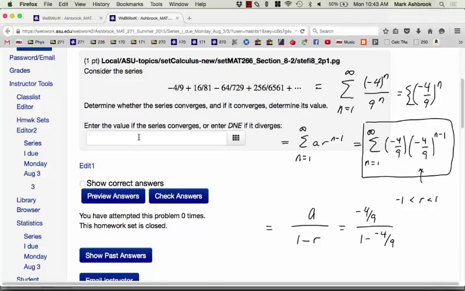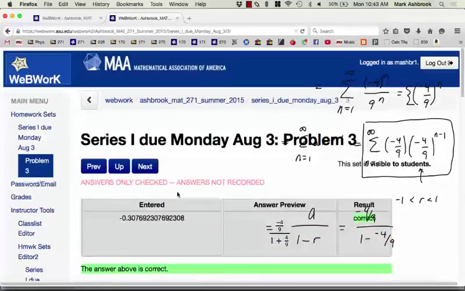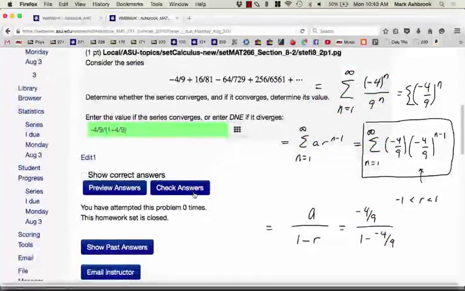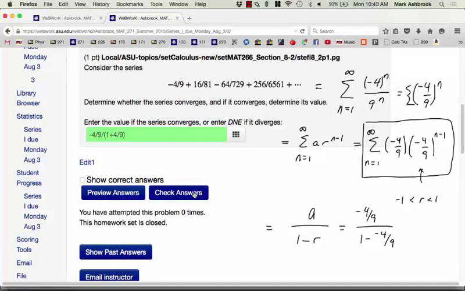Does it make sense? Any questions? All right, let's check. The only time that we're not going to have a and r be the same is if there's some other factor. Oh yeah, that's only because we're in the situation where we're factoring one out.